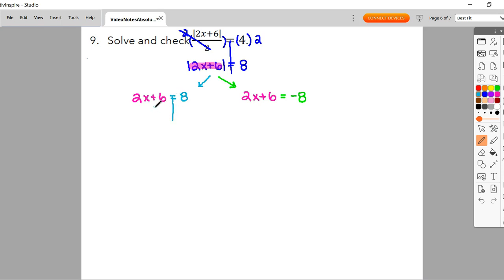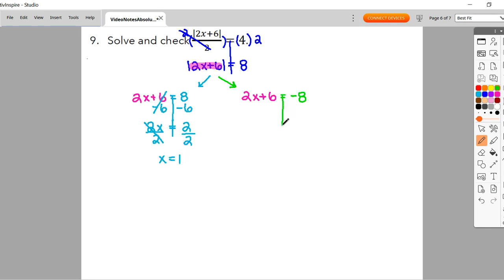We go ahead and subtract 6 on the left and right sides. Bring down the 2x, and 8 minus 6 is 2. To separate the x to get it out by itself, we divide each side by 2, leaving x equal to 1.